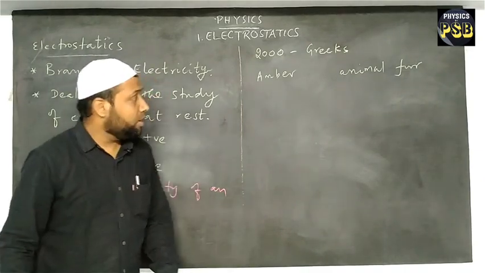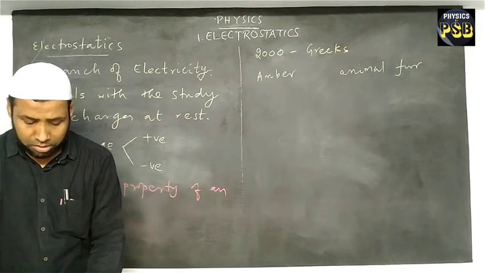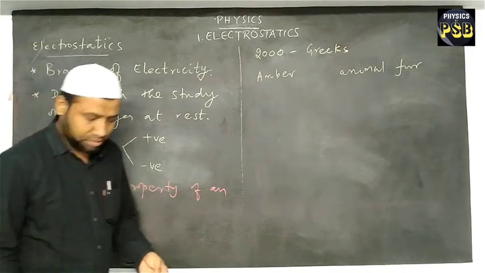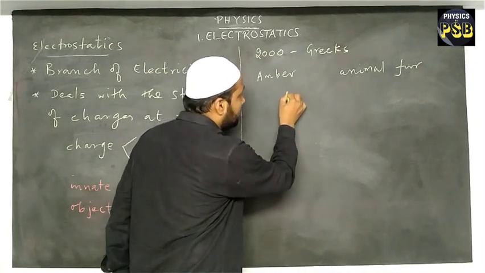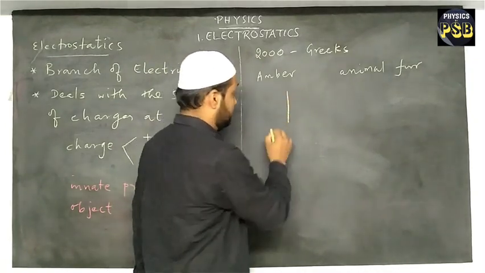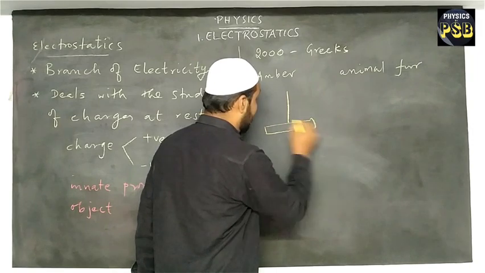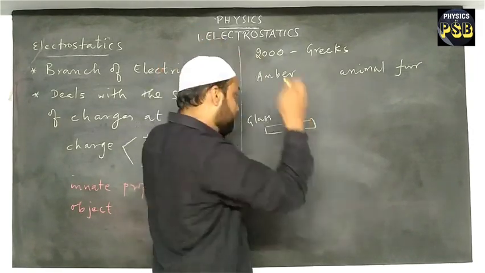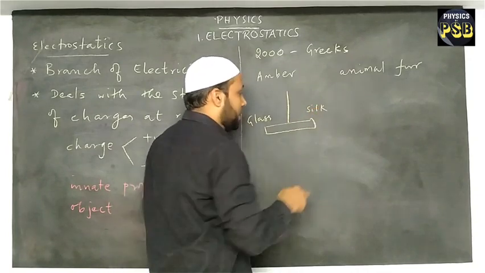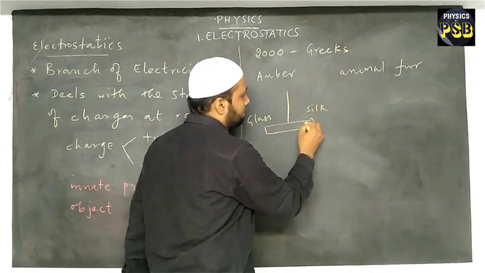Let's see, in the physics book, they have given one experiment in which it is shown that when a glass rod is rubbed with silk cloth, it attains a positive charge.